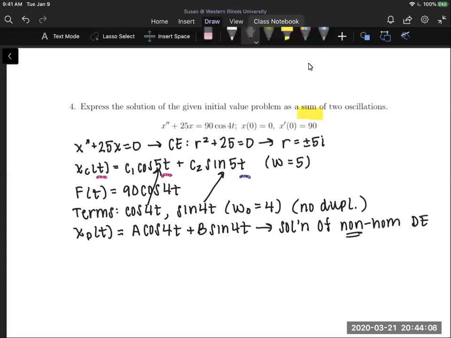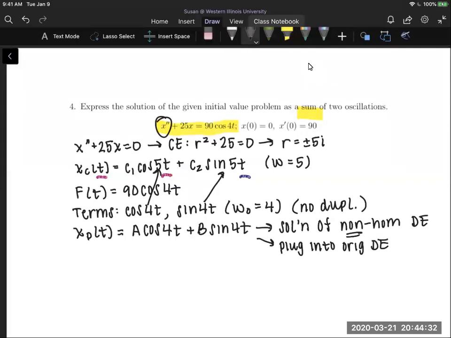That means we should be able to plug it back into this original DE right here that I'm highlighting, and then we can equate coefficients. So just to make a note, plug into original DE. In order to plug it in, I need to calculate the second derivative.